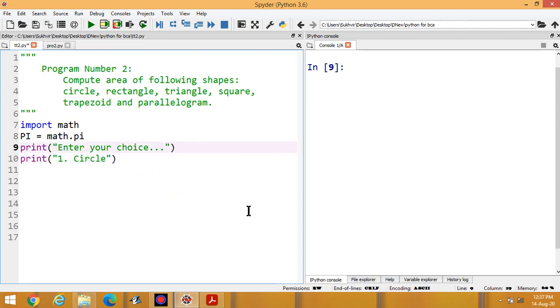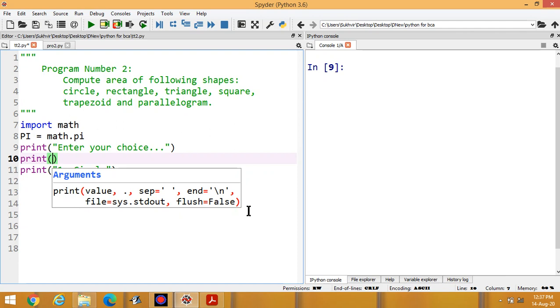circle, enter your choice. In the second line you can write whose area you want to calculate.